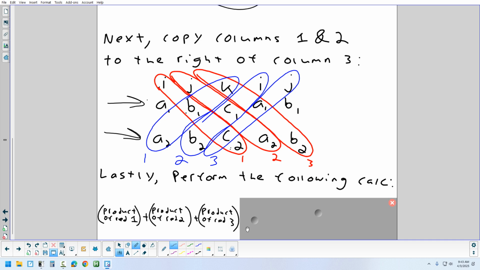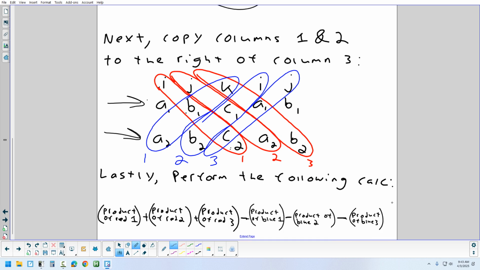Now, the second half is to subtract. You are going to subtract everything that's on blue diagonal number 1. Then you're going to subtract everything that's on blue diagonal number 2. And then you're going to subtract everything that's on blue diagonal number 3.